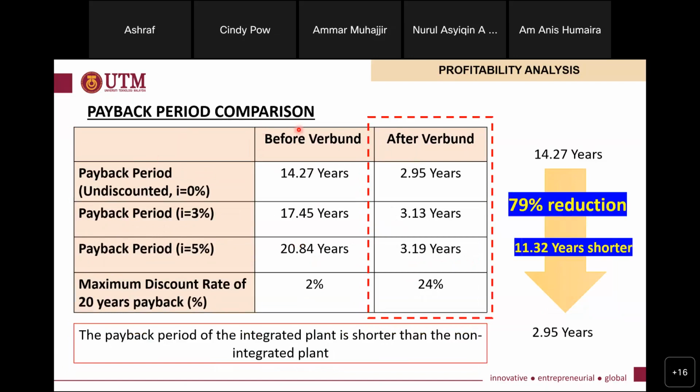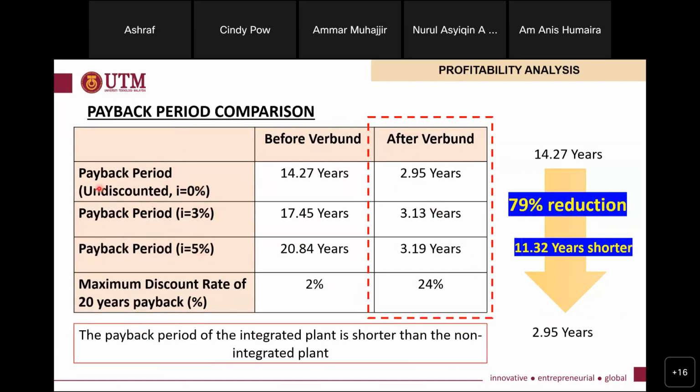For the payback period comparison, after Verbund provides a shorter payback period for undiscounted and various discount rates, which are i equal to 3% and i equal to 5%.